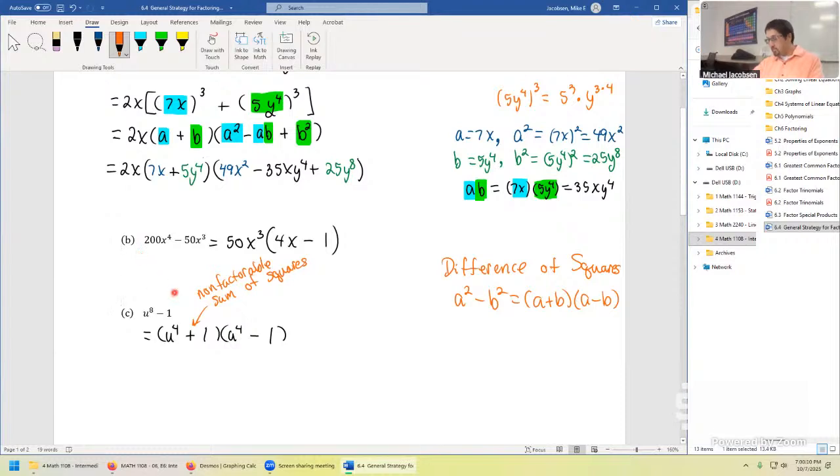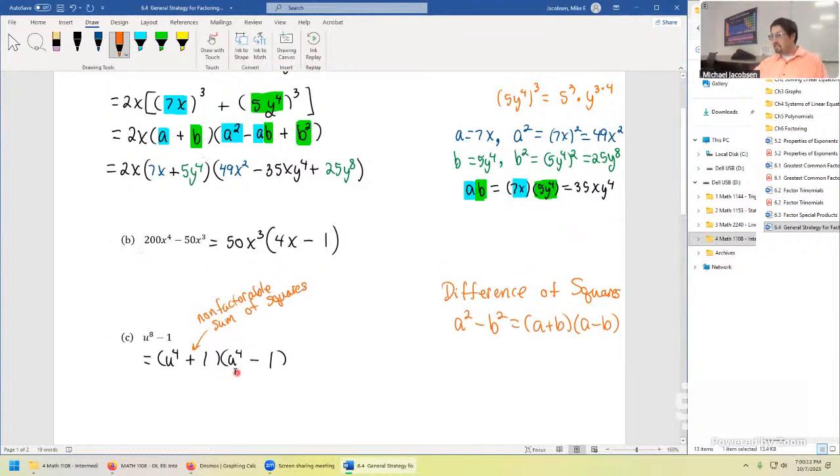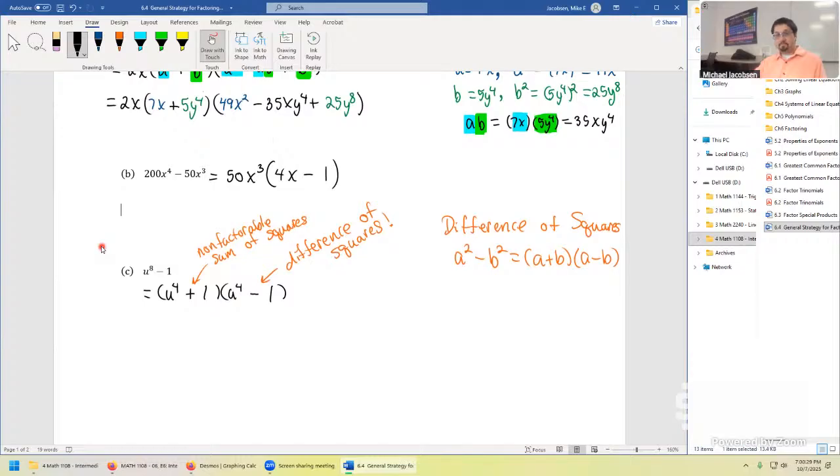Let me see if I can put in some additional space there. There we go. However, this one, u to the power of 4 minus 1, this is a difference of squares again. That means we can factor u to the power of 4 minus 1 again. So this turns into u to the power of 4 plus 1. Now we're factoring this portion.